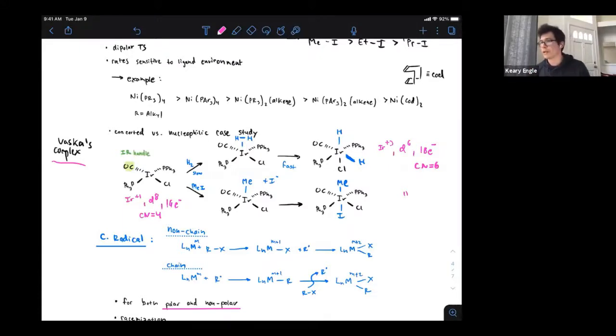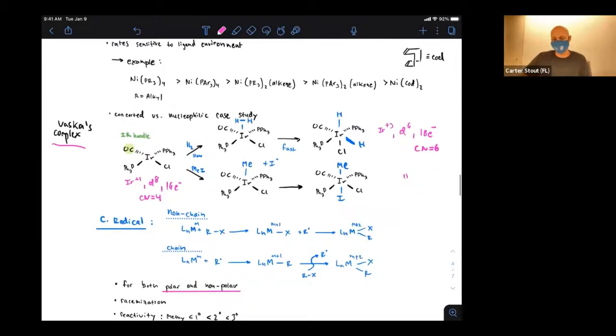In this case, the chloride does not depart. You're asking about how the chloride gets from an equatorial position to an axial position? I think it will stay on the metal while it's doing this. It just distorts its geometry. I see.